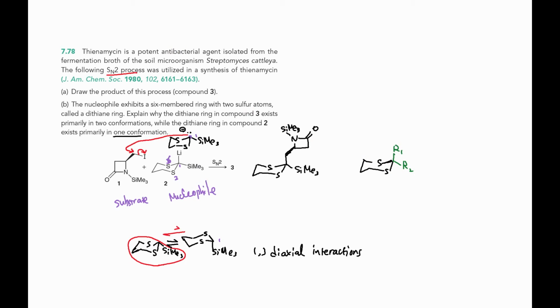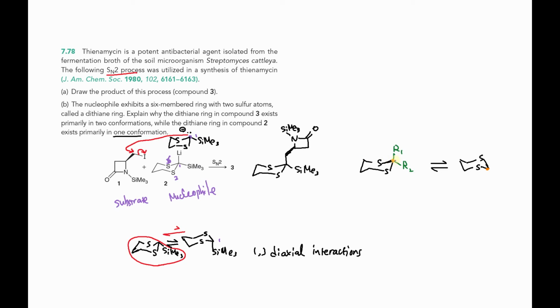So if I do the ring flip, now that carbon becomes this carbon, so I will also draw the orange points so that you know which one I'm talking about.